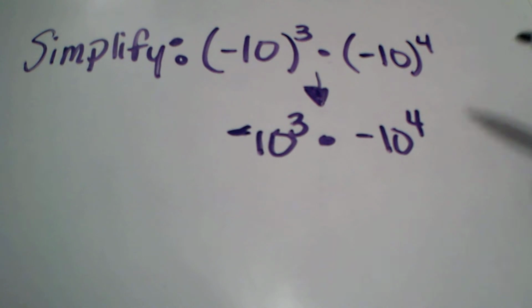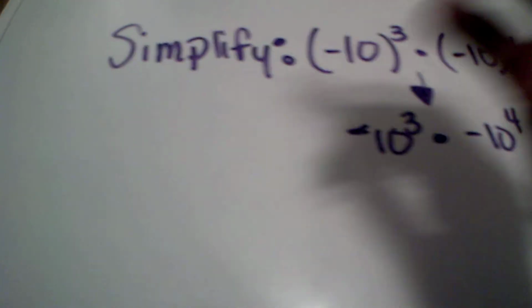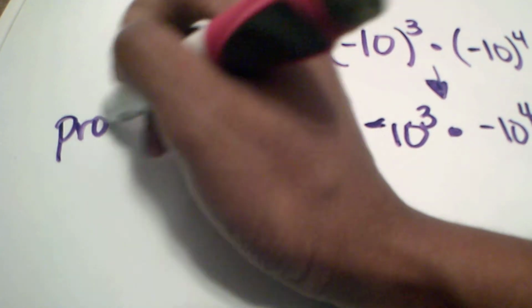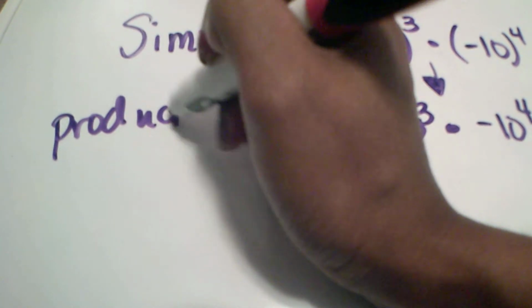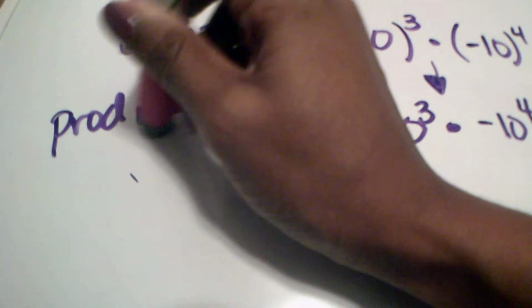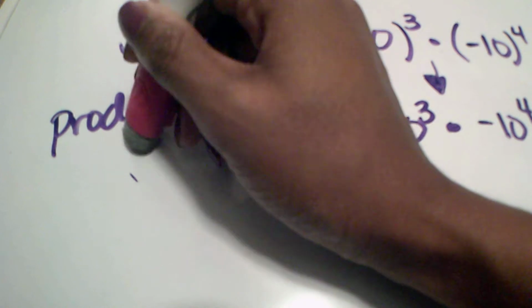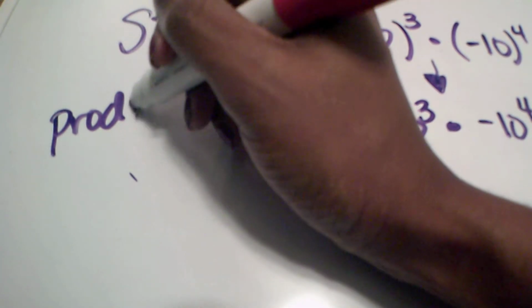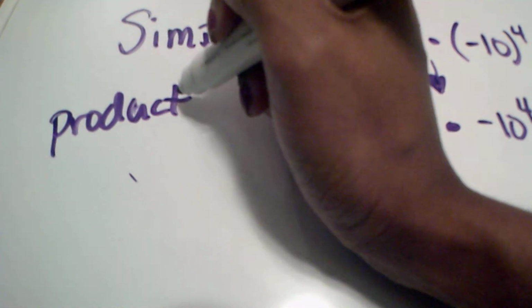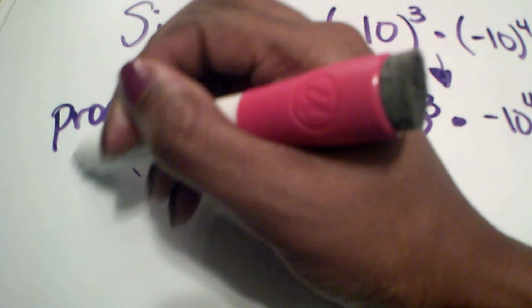Okay, so as we know with the product rule, let's write it down. Product. Ooh, look at that handwriting. Okay, now I can't even let that slide. Let me go ahead and fix that real quick. And that didn't get any better, but you get what I'm saying.